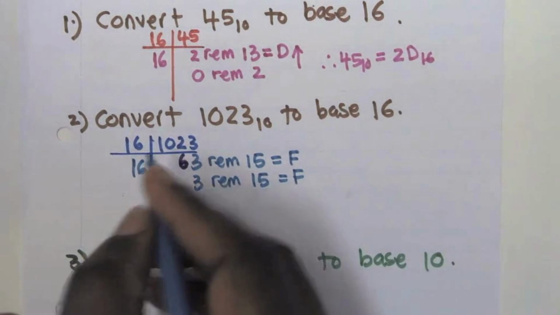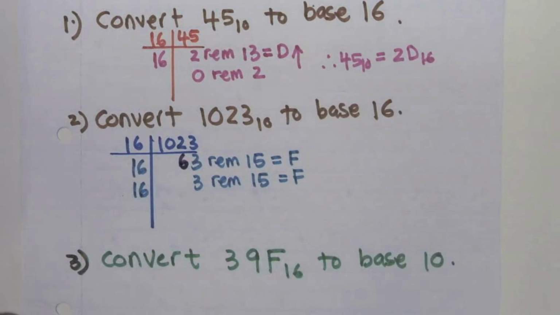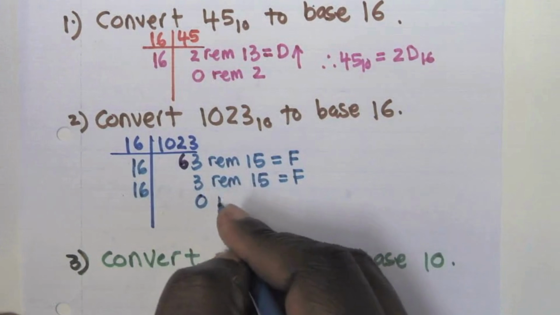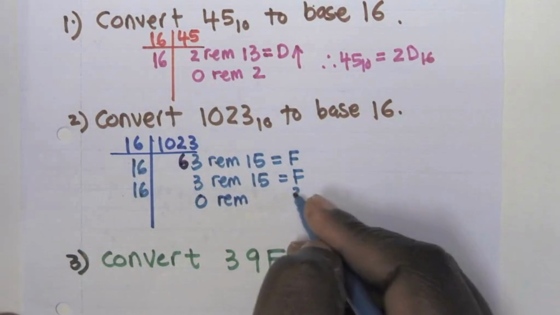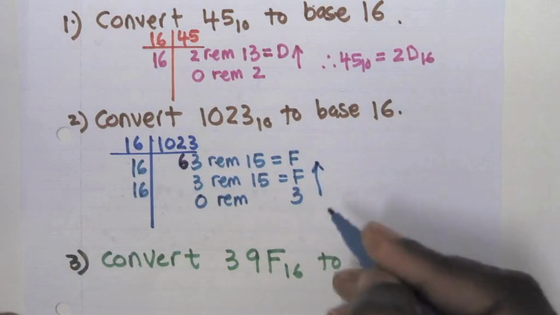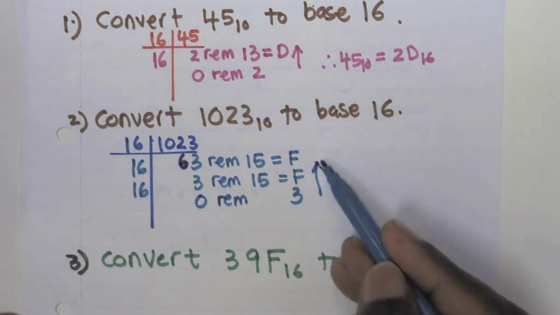And then if I divide again, remember I divide successively by 16 because we want to go to base 16. So here I'm going to get 0 remainder 3. And like what we said, we read our numbers from bottom going up.